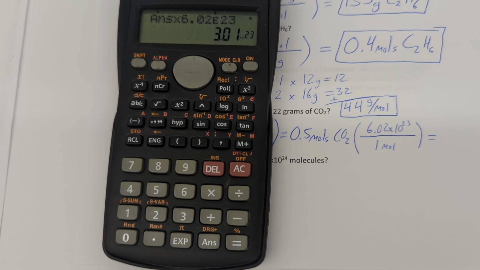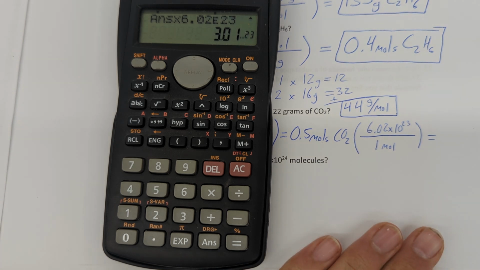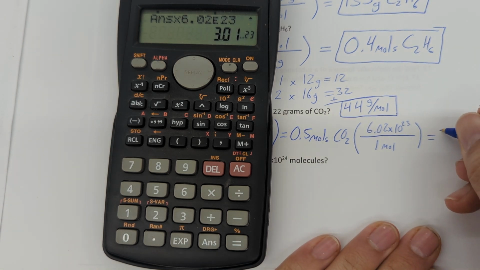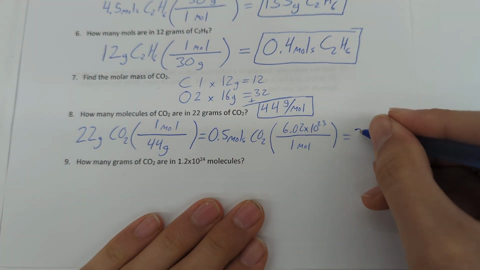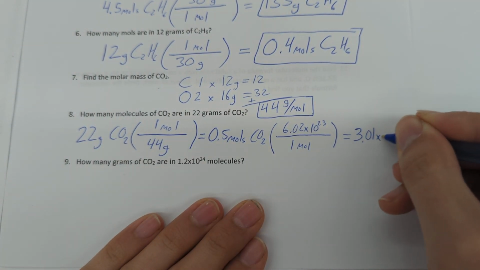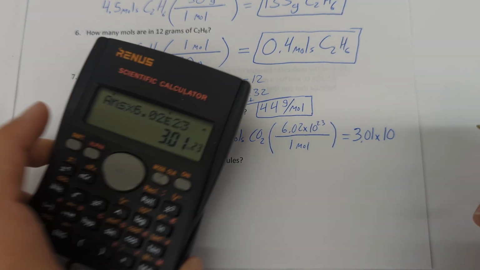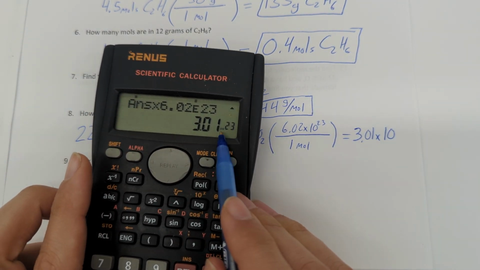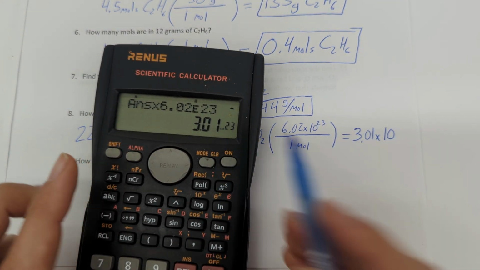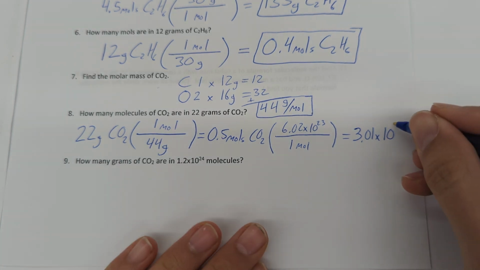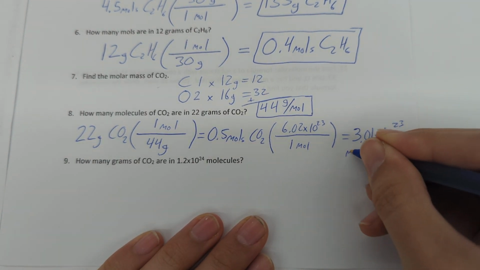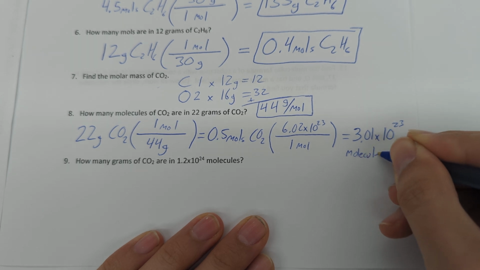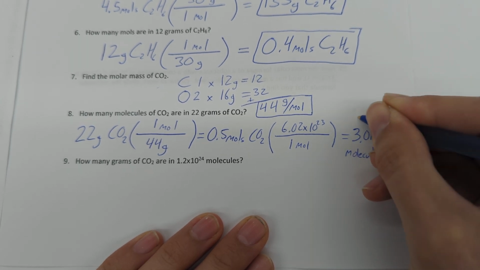And that's going to be my answer. It is going to be 3.01 times 10. And here's something you got to be really careful with. There's a little tiny times 10 there to the 23rd. So you want to make sure you write that times 10 to the 23rd. Molecules of CO2.